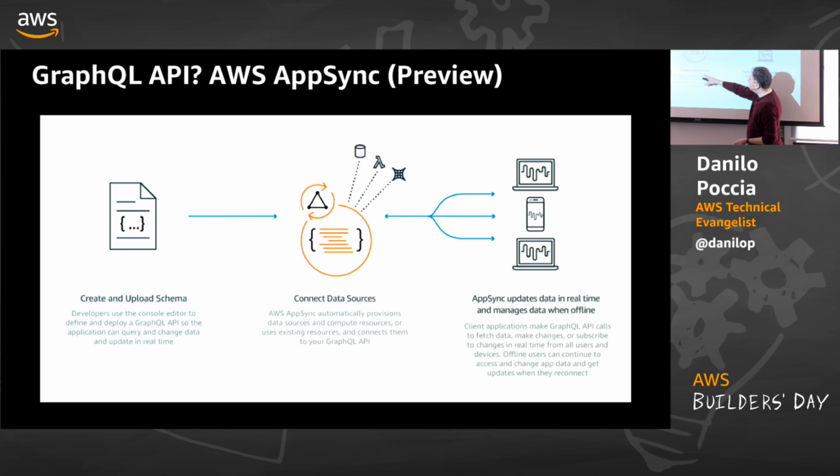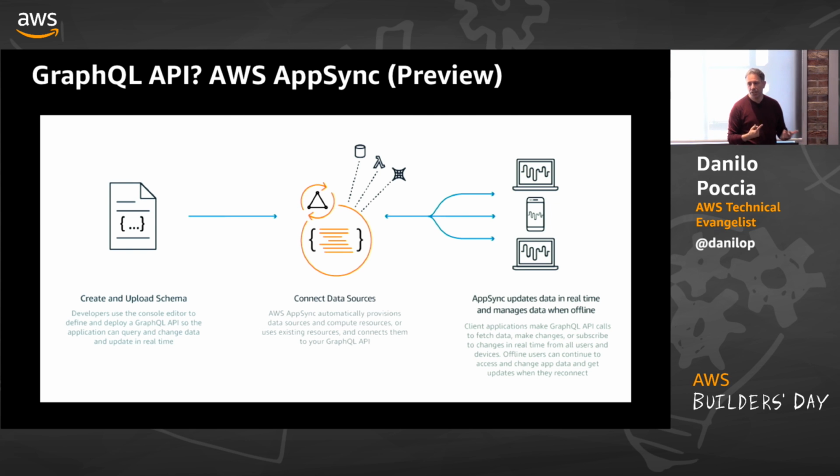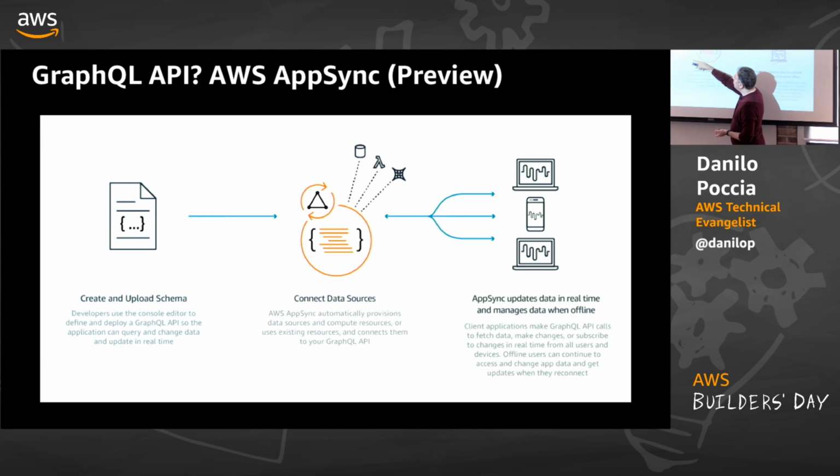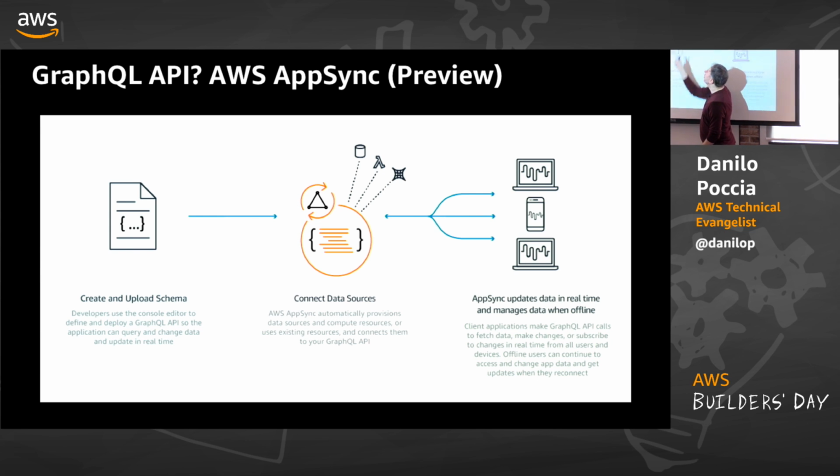Then you can connect data sources, and data sources can be DynamoDB tables, Lambda functions, or Elasticsearch databases. And in this way, you can map the schema to how the data should be read or written on these different data sources. And the platform will manage that.